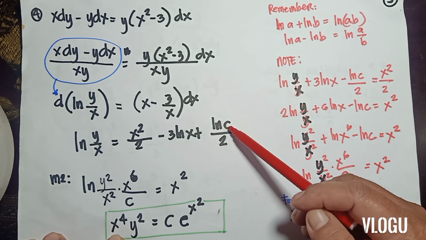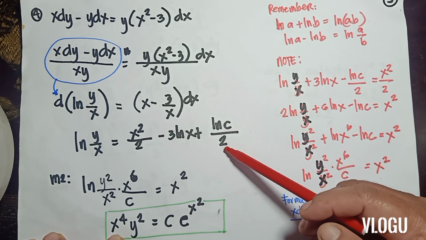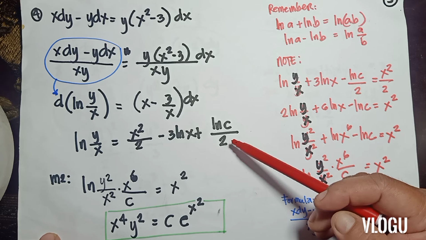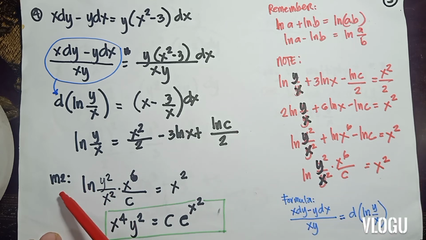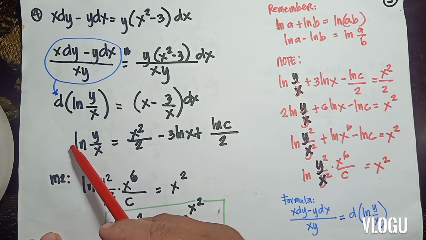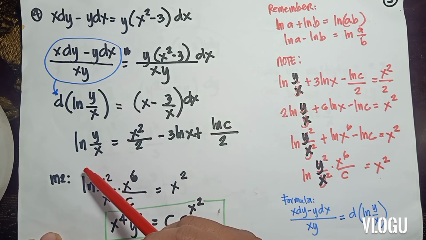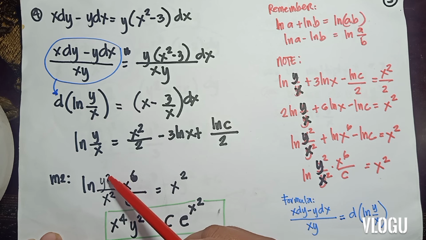What is your LCD here? That is 2. So, ln of c over 2. To get rid of 2, multiply both sides by 2. If you multiply by 2, you will have 2 ln y over x. As we have discussed, that could be expressed as ln y squared over x squared.